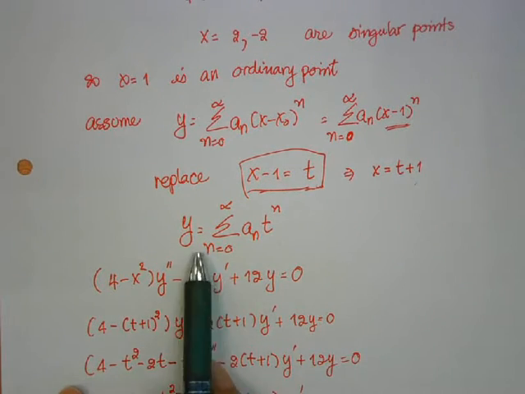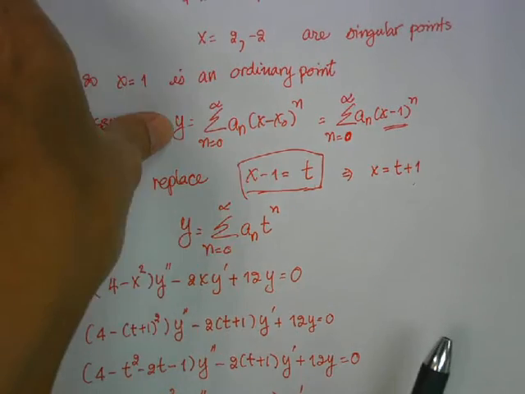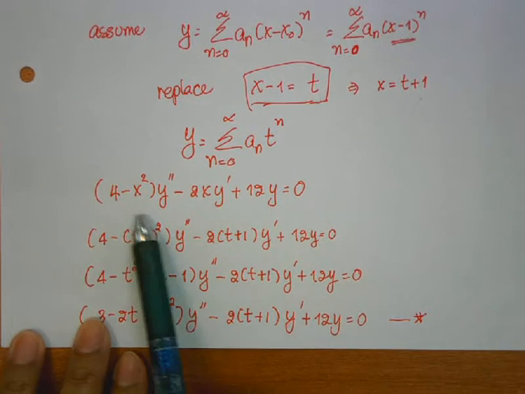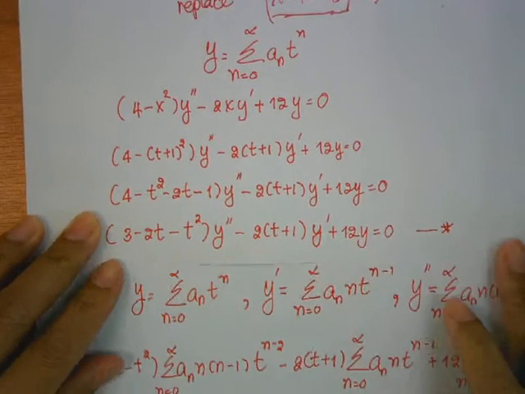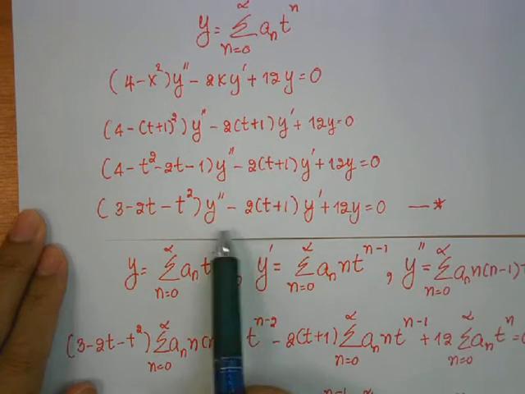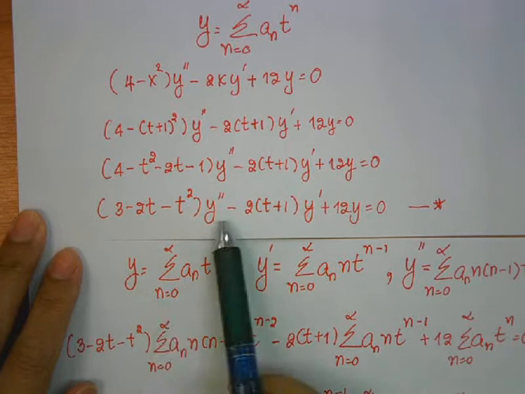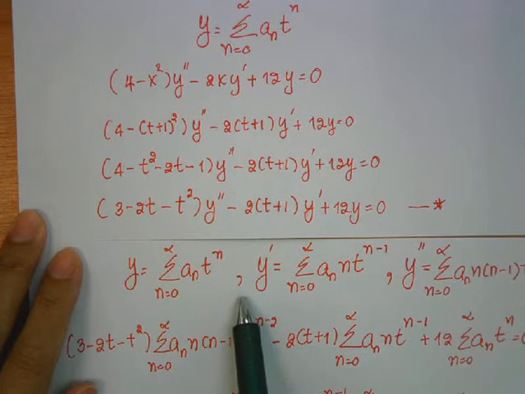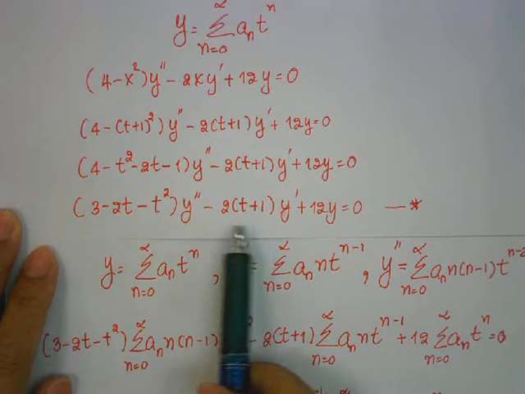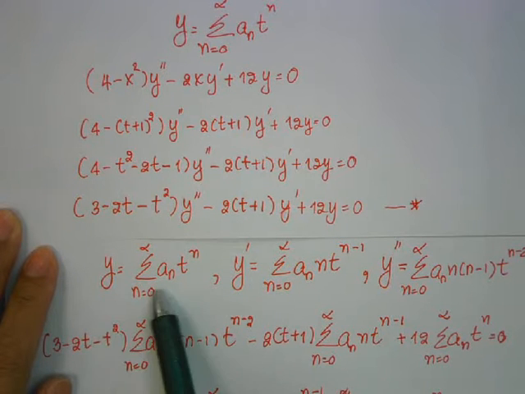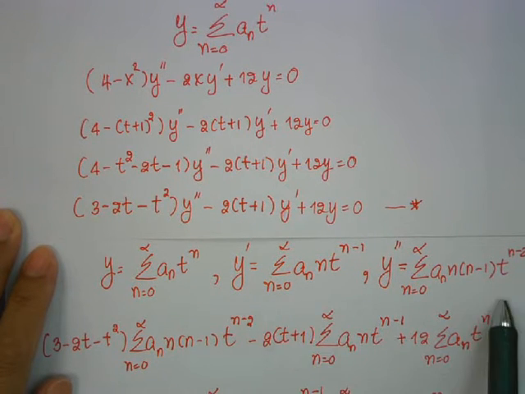Now, I rearrange the differential equation again in such a way that I get the terms of t, and then I have this differential equation. I replace all my y terms, which are a function of t, into my differential equation. So I have to do the first and second derivative of y with respect to t, and here is the result.